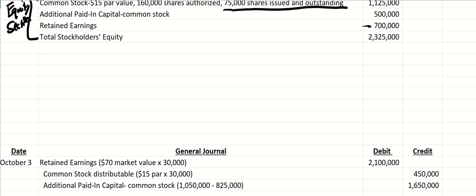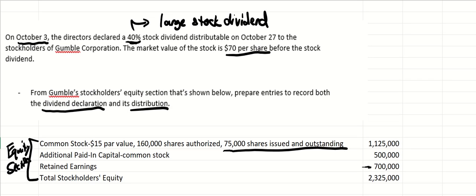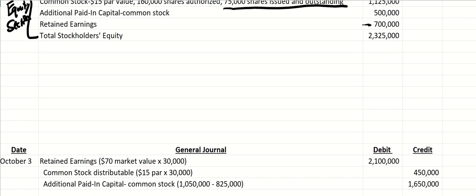So retained earnings here is going to be debited for 2.1 million. That's taking the $70 market value, which was shown up here in the scenario, $70 per share, and we're going to multiply it by 30,000.